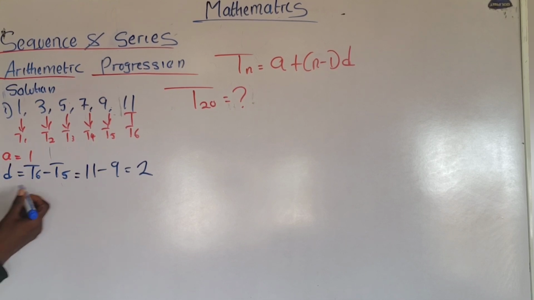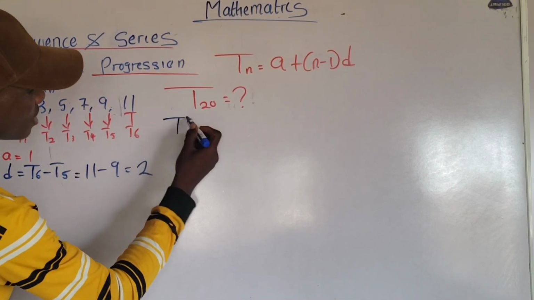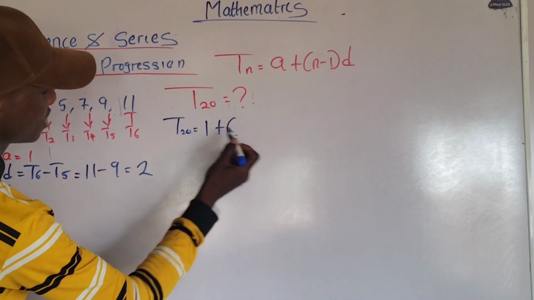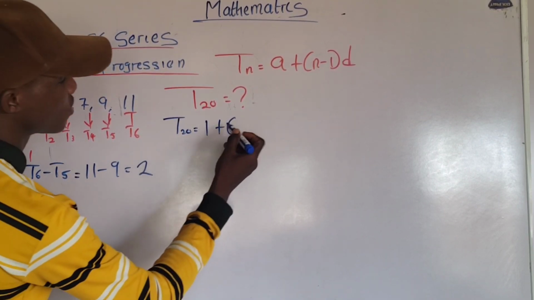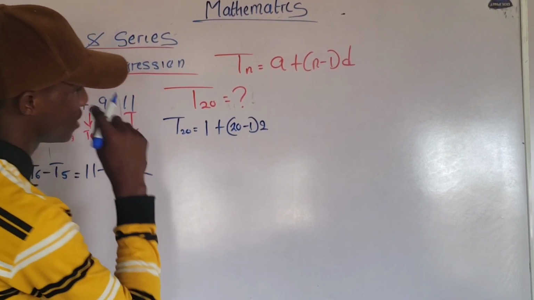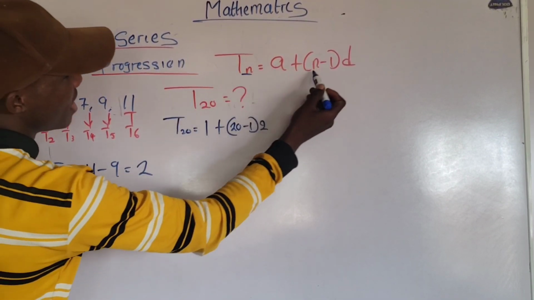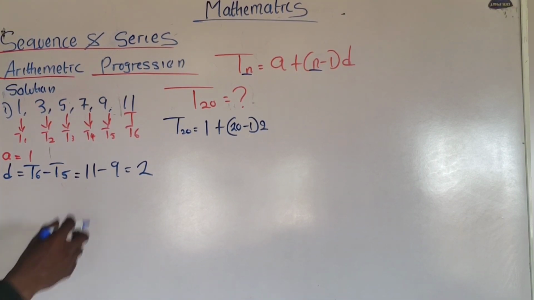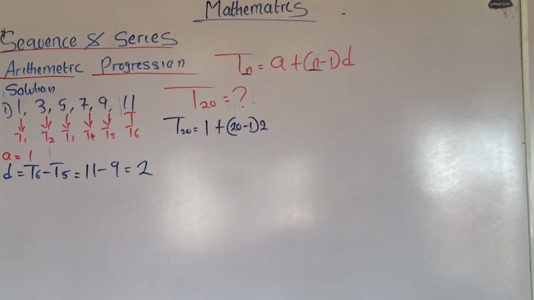The 20th term will be equal to a, and a is 1, so 1 plus n minus 1. n is now 20, so I'm going to have 20 minus 1 multiplied by d, and d is 2. This n that you see here is the term that we want to calculate. So n is 20 because the 20th term is the term that we want to calculate.